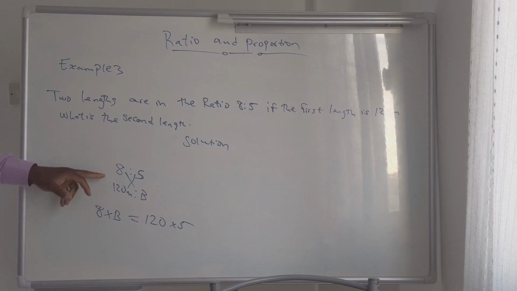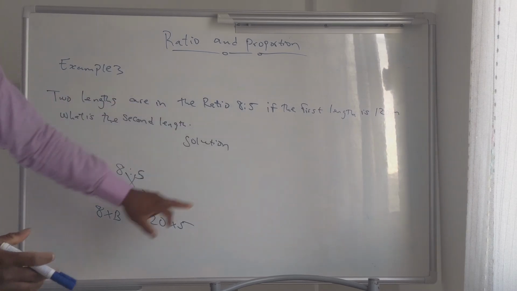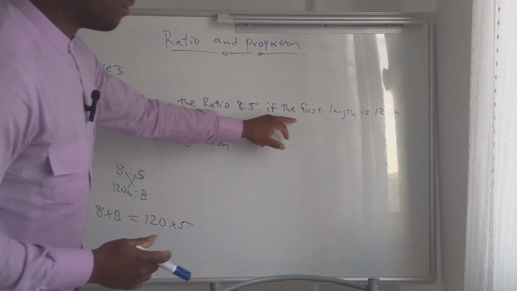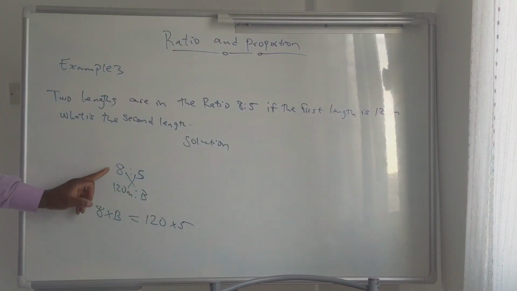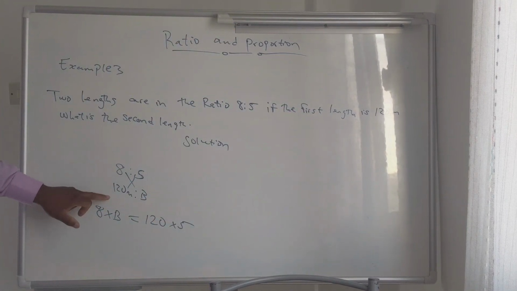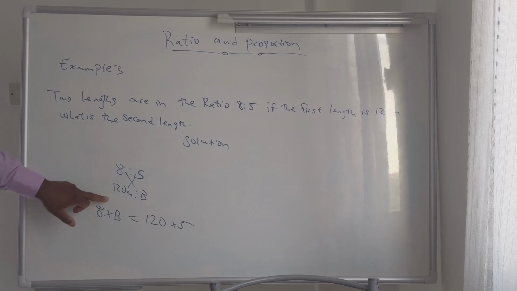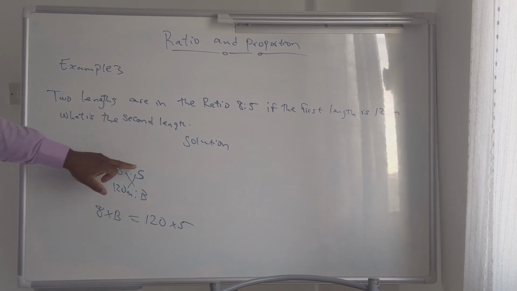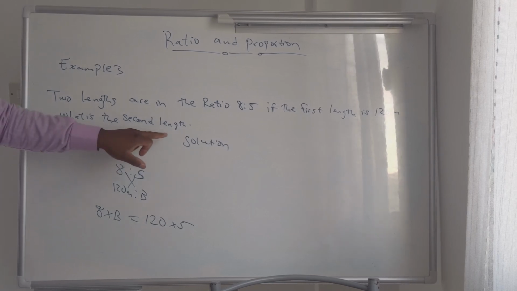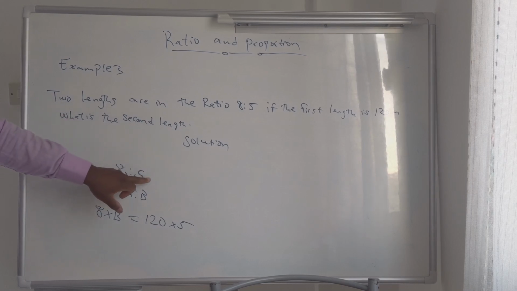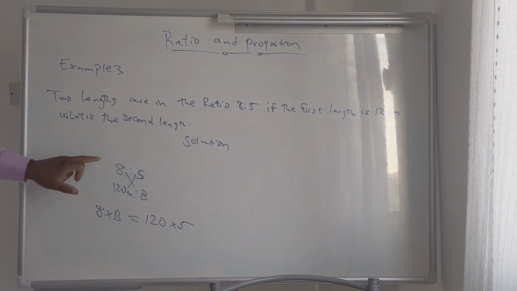How did we arrive at this? We're given the ratio of 8 to 5. They say the first length, which is 8, is 120 meters, so we should find the length of the second one, whose ratio we already know, which is 5.